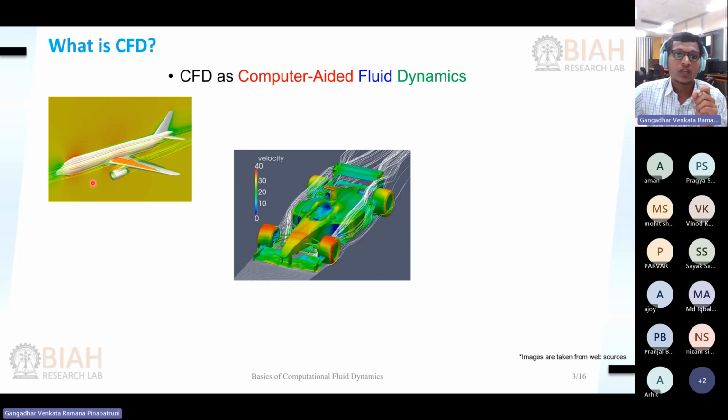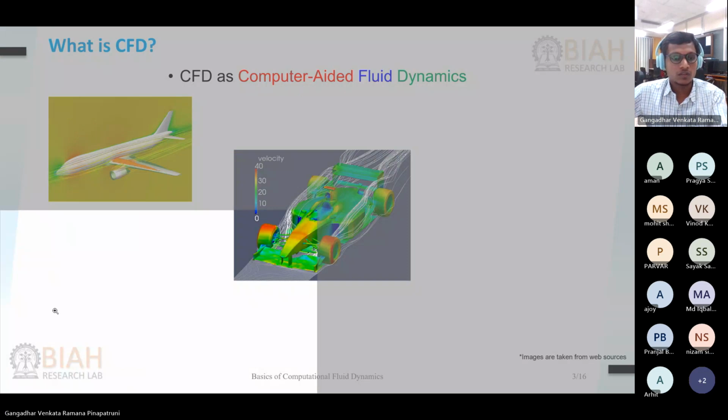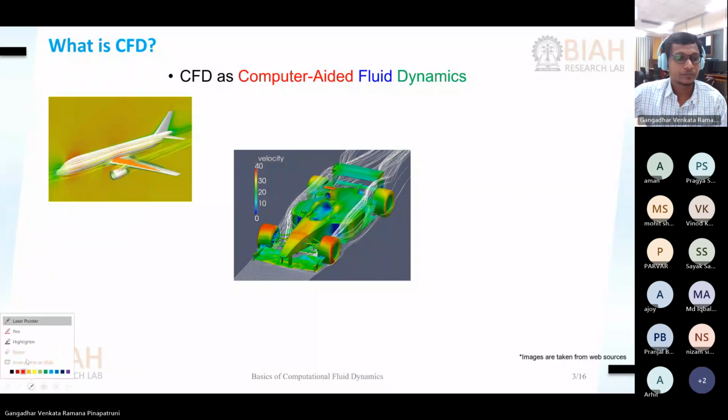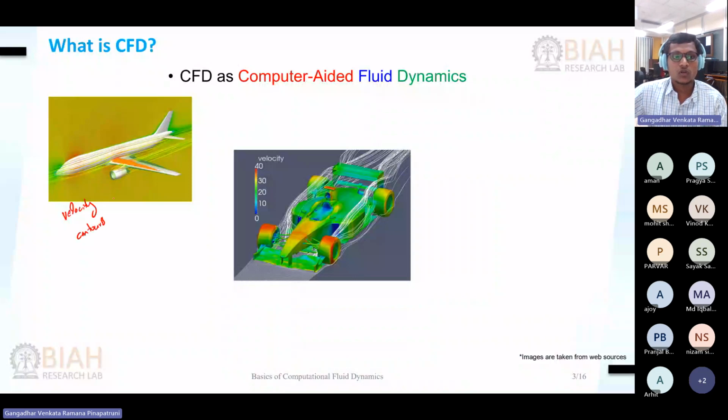Suppose this is a velocity contour. Velocity contour means flow velocity contour. Let me write it here. So these are velocity contours. Velocity contours means the color indication is telling us what the velocity is at every level.